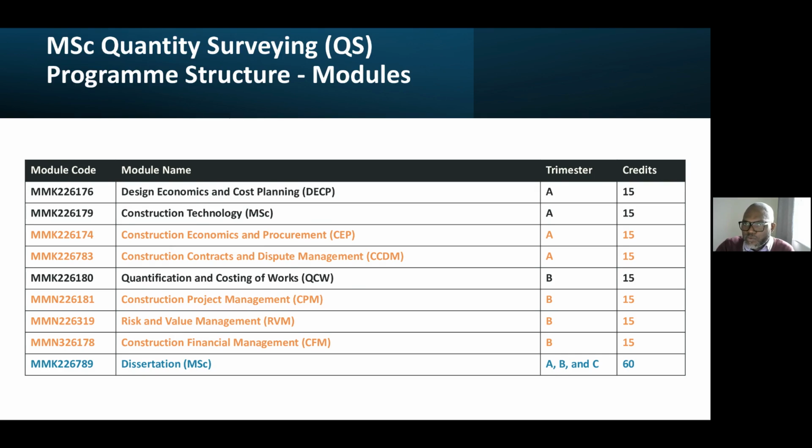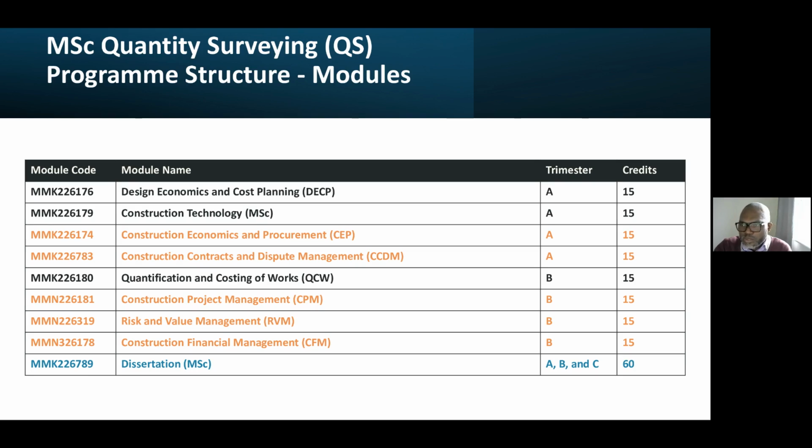If you come in for the MSc Quantity Surveying, you do these taught modules too. You do the design economics and cost planning and the construction technology. These are specific to the QS cohorts. And the construction economics and procurement and the construction contracts and dispute management are shared modules between the QS and the ICPM cohort.